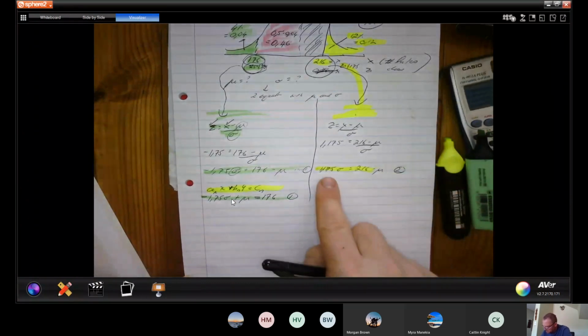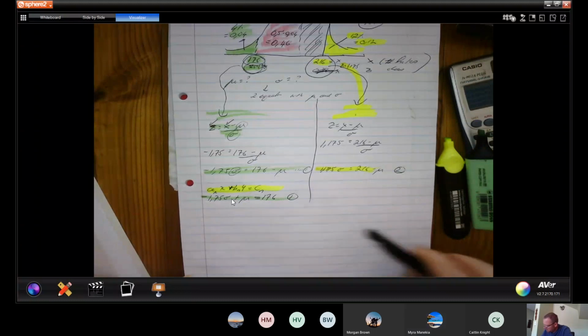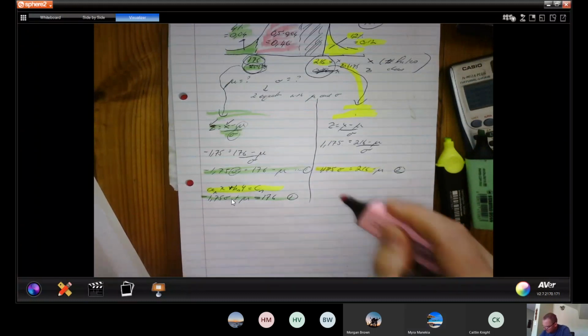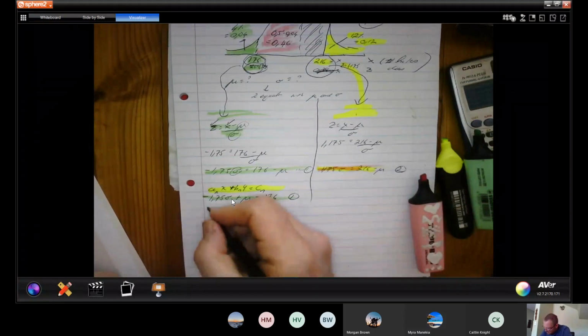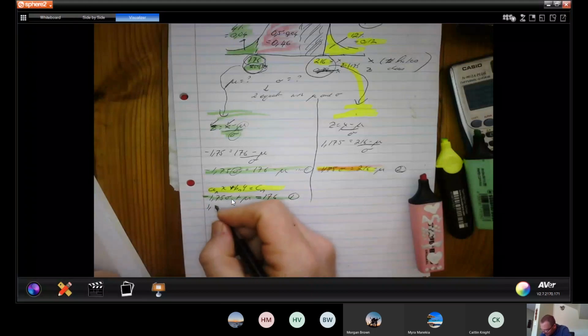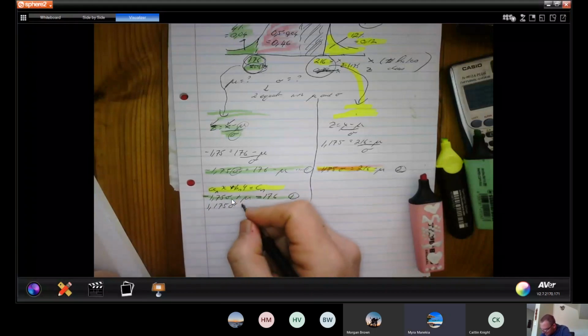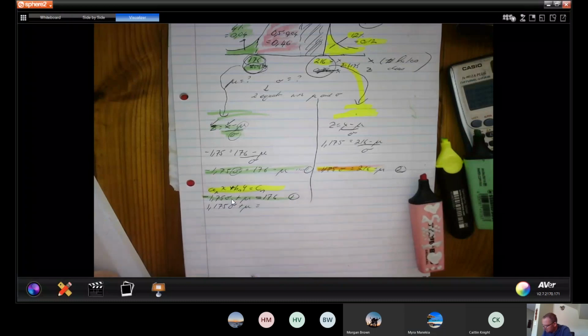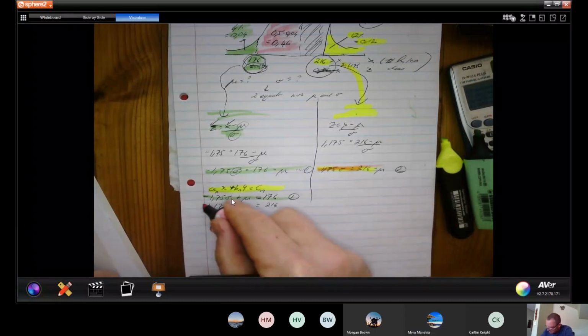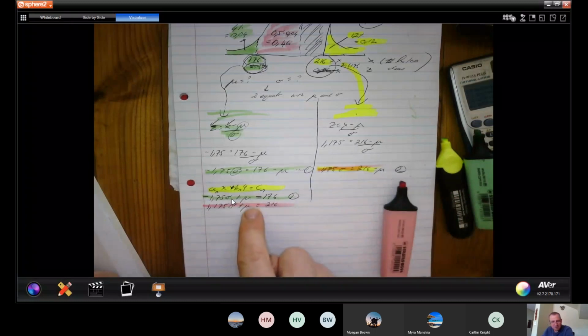Our equation 2 is going to be, let's make it this red one, 1,175 sigma plus mu is equal to 216. In a case like this, it's probably quicker to do it without your calculator, but when you get really ugly ones where you can't just get rid of something, it might save you a bit of time.